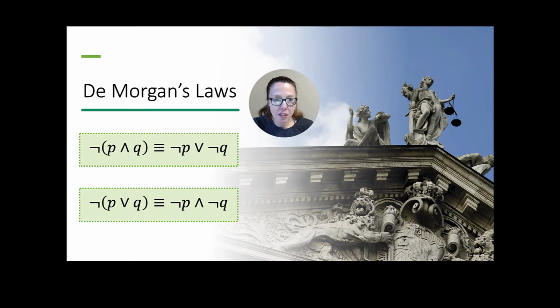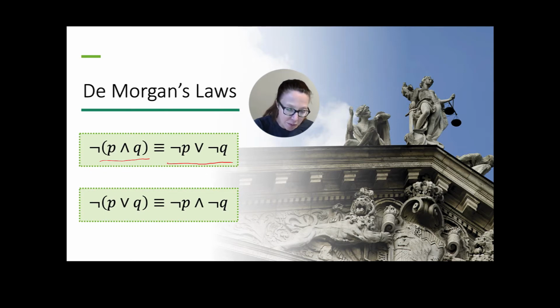Another really important set of equivalences is De Morgan's laws. This comes out in the following way. If we want to negate a conjunction, such as the negation of P and Q, De Morgan has told us that we can break that down, and what it looks like is not P or not Q. So it's taking that out of the parentheses, breaking that conjunction apart.